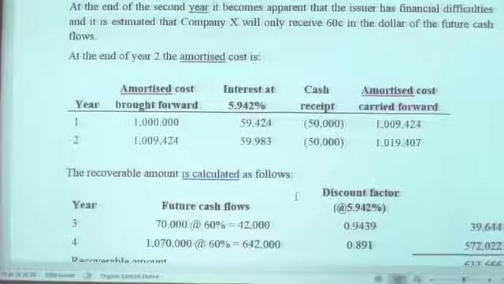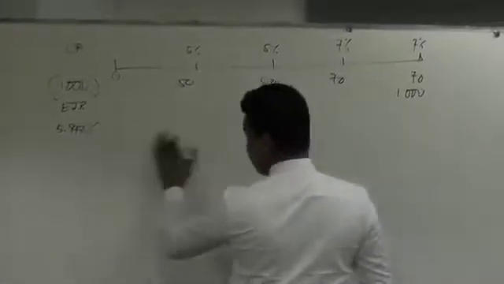Is that clear? Right. Therefore, up to the second year end, it is continuing under normal circumstances. Clear? Okay, let's take here. Now, up to the second year end, we can prepare this account. Got it?